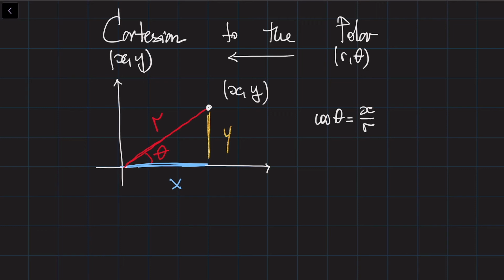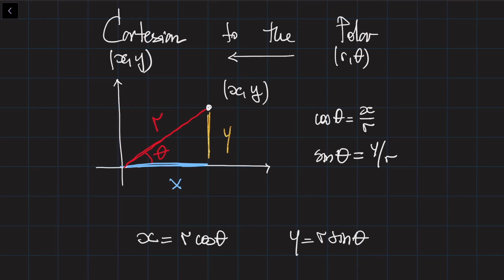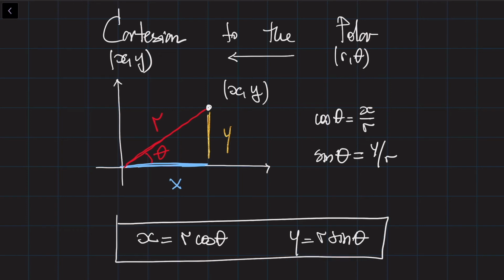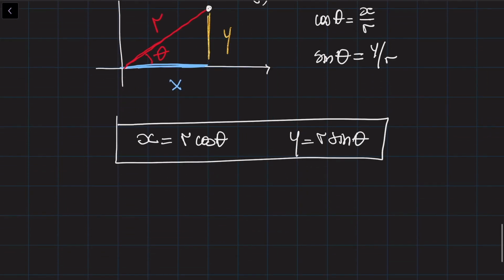So cosine of theta is equal to x divided by r, and sine of theta is equal to y divided by r. From here we can find that x is equal to r times cosine of theta, and y is equal to r times sine of theta, which is going to give you the coordinates of the point in the Cartesian system if you're given the coordinates of the same point in polar coordinates.